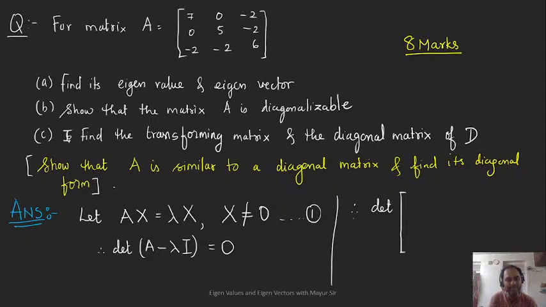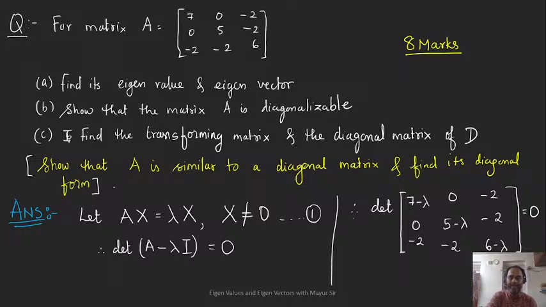What you do in this is subtract lambda from the values on the diagonal: 7 minus lambda, 5 minus lambda, and 6 minus lambda, not the middle value, I mean the diagonal. The other entries are 0, minus 2, minus 2, minus 2 and minus 2. This is 0.